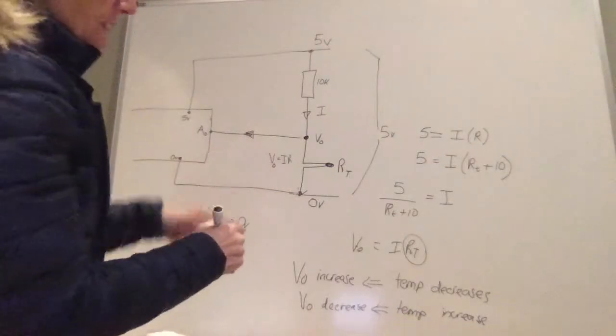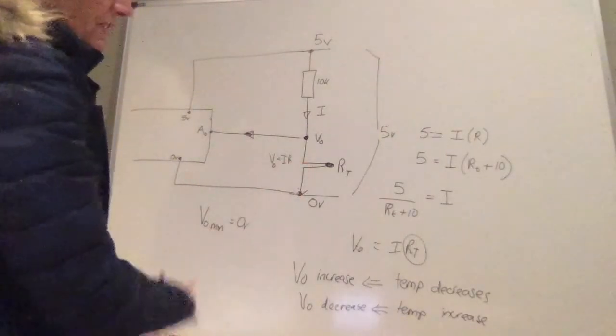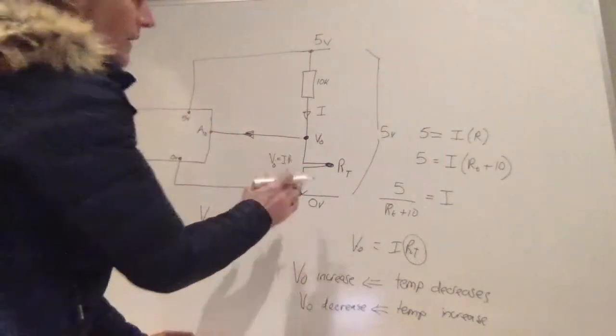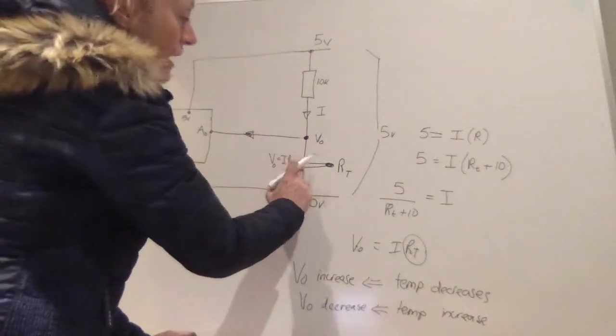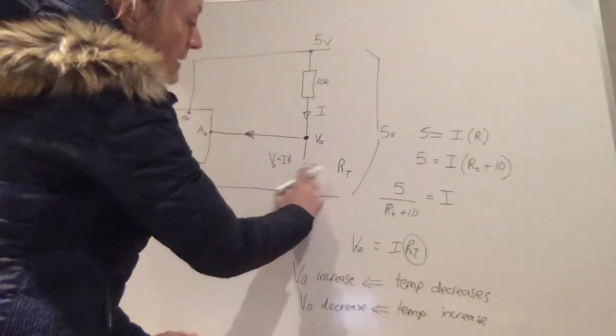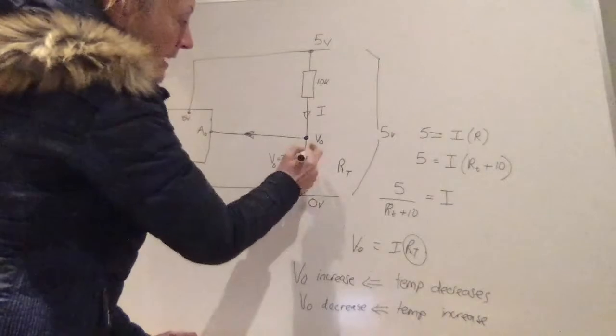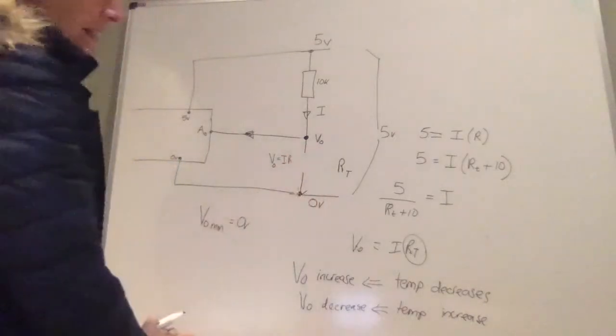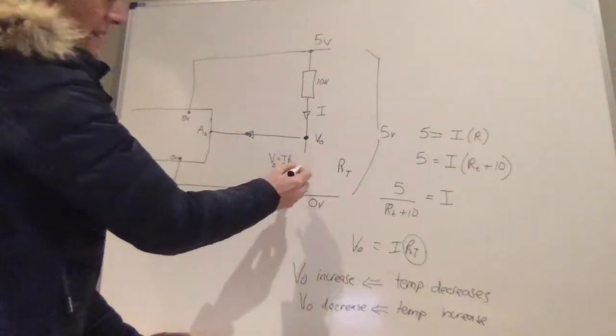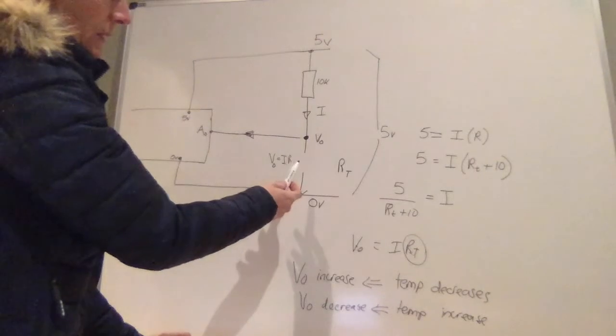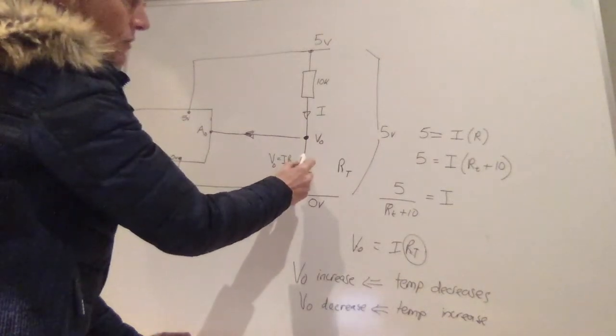On the other extreme, if the resistance of the thermistor is huge, effectively infinite, that means you've effectively no connection between here and here. It's so high a resistance that pretty much no current will flow.